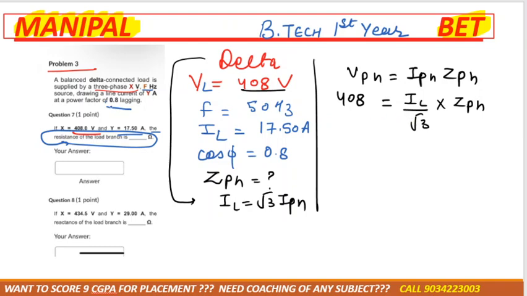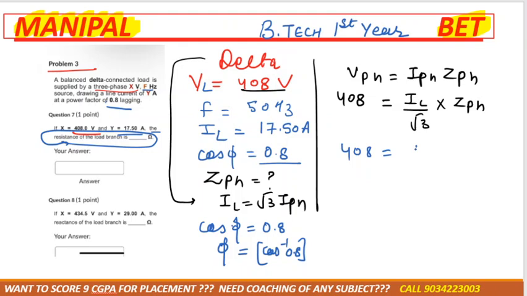Now they have said cos phi is 0.8. So we can get the phi angle from here, that is cos inverse of 0.8. So if we put the value 408 equals IL, 17.50, divided by root 3, multiplied by ZPH, can we get the magnitude for the ZPH from here?